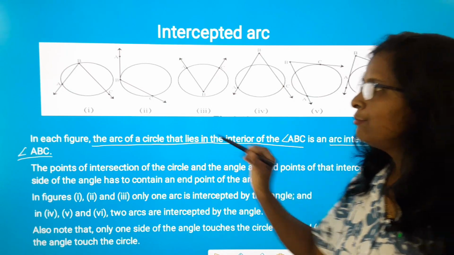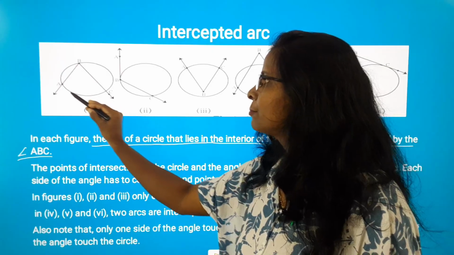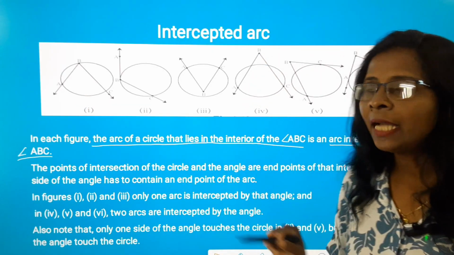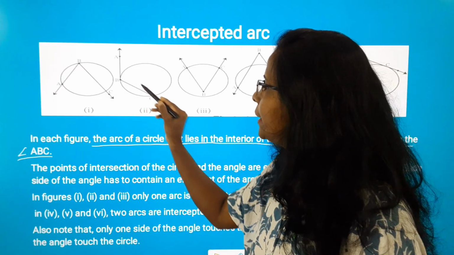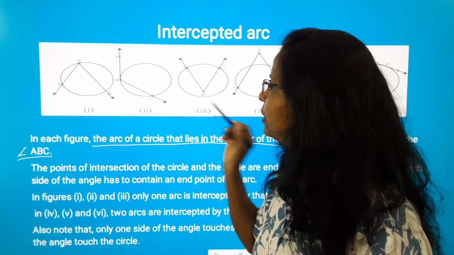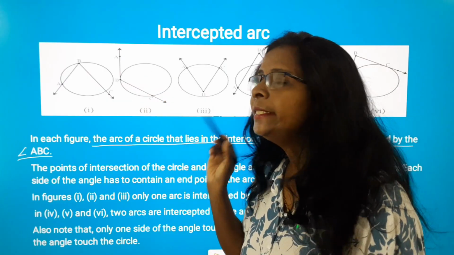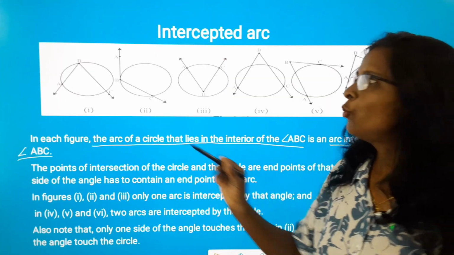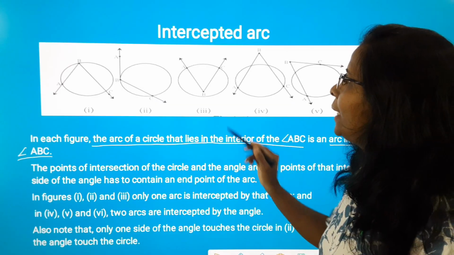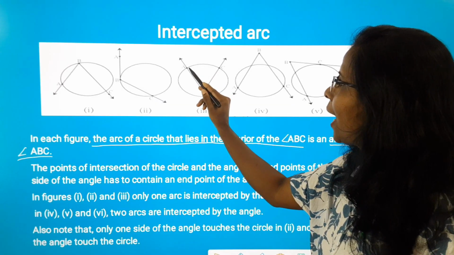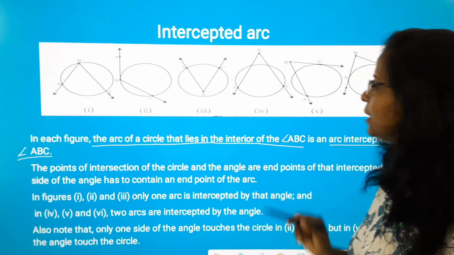In the first figure we see that arc AC lies in between the angle ABC. In the second figure, arc BC lies in the interior part of the angle ABC. In the third figure, arc AC lies in the angle ABC.